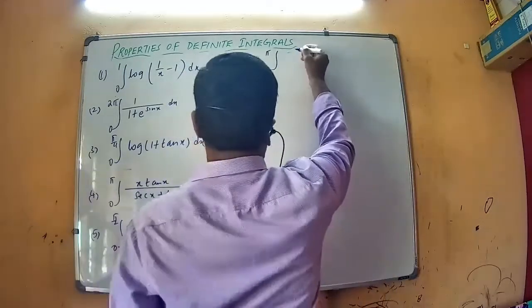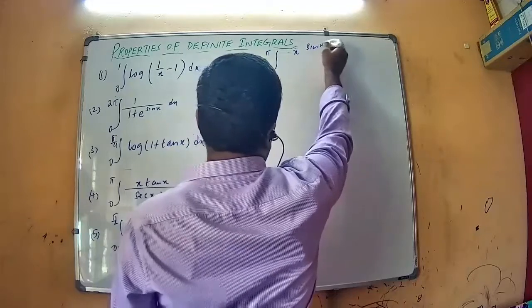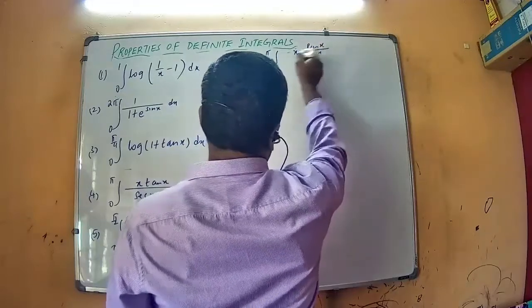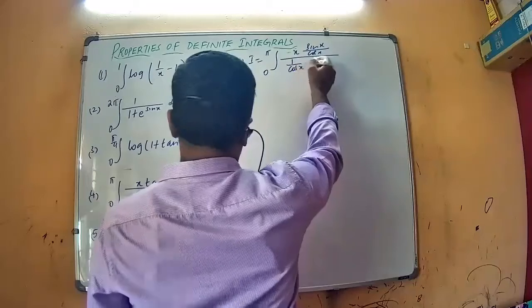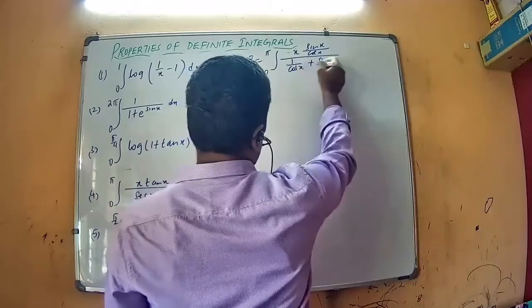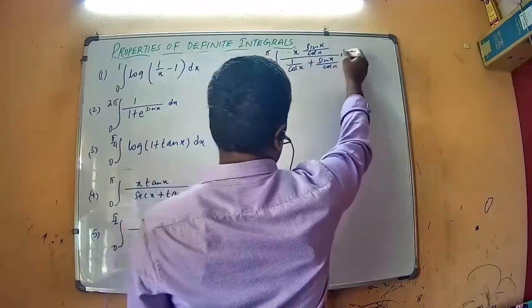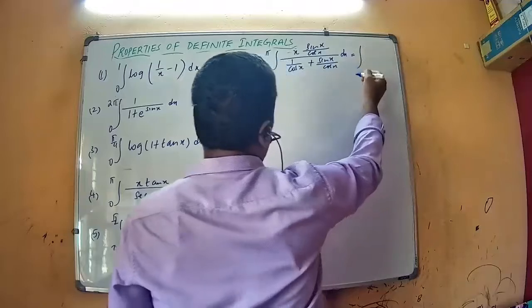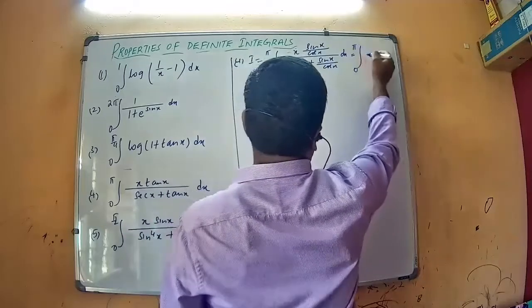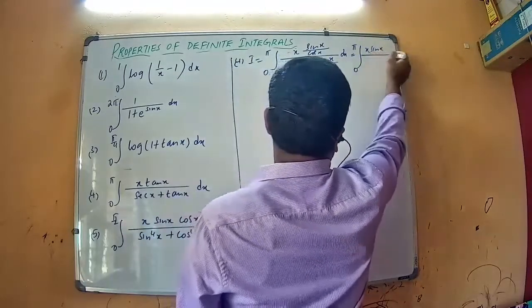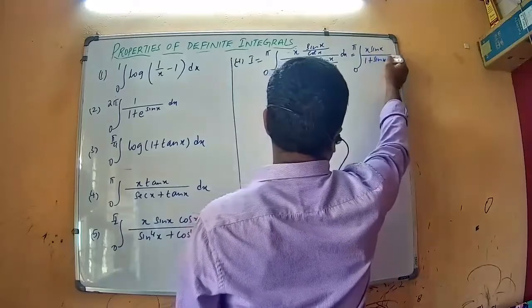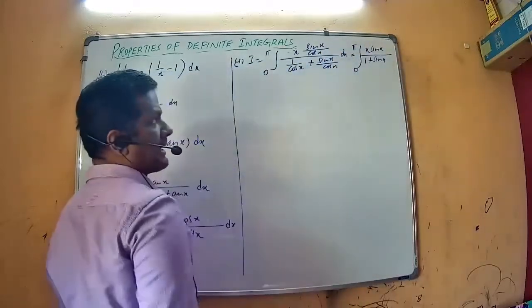So this is x into sine x by cos x, and the denominator is 1 by cos x plus sine x by cos x, right? This is going to become finally 0 to pi x sine x by 1 plus sine x. Cos x and cos x will get cancelled.